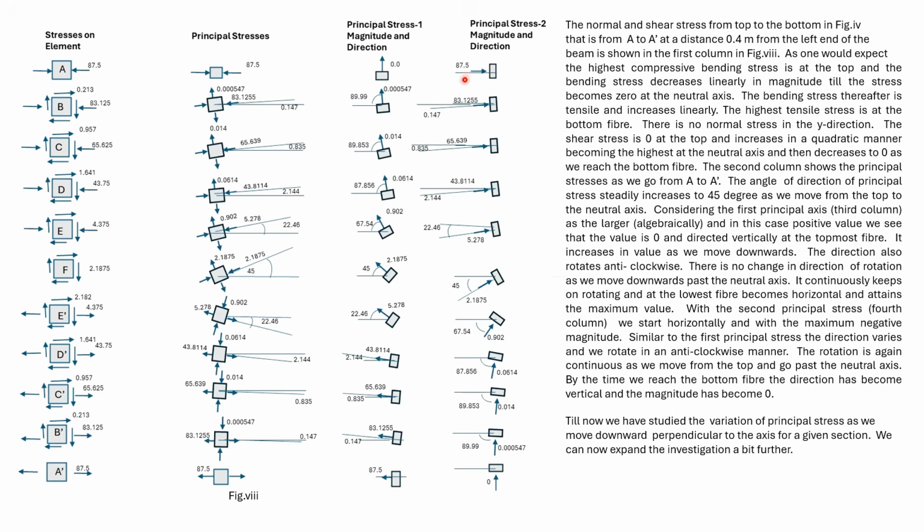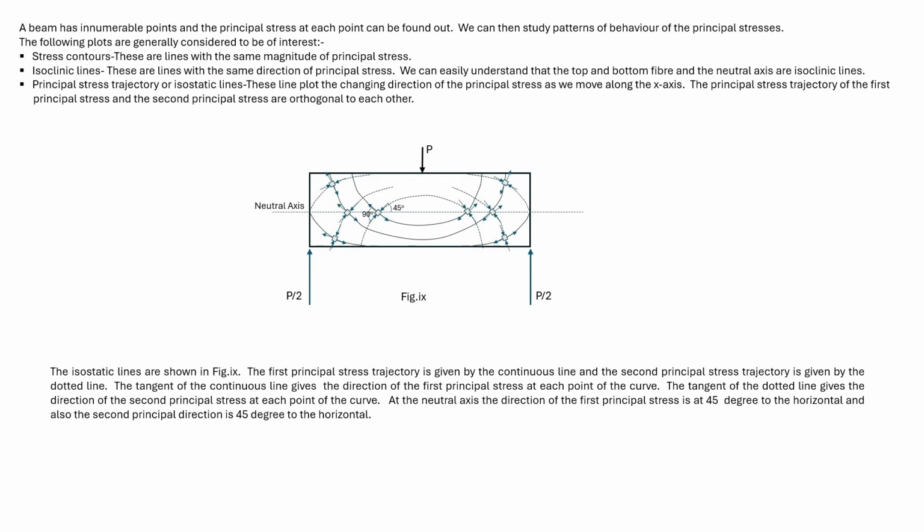It is horizontal at A and becomes vertical at A dash. Beam has innumerable number of points, and we can find the principal stresses at all these points.